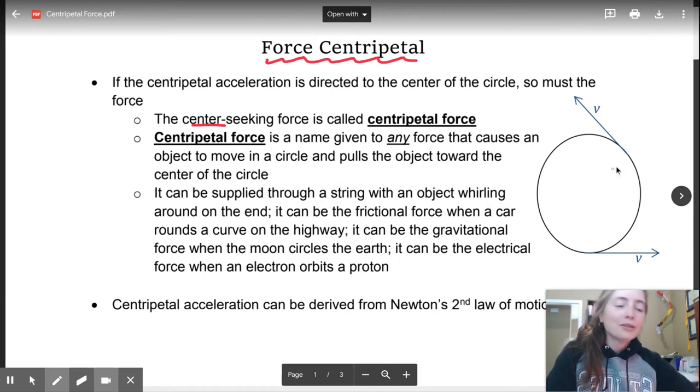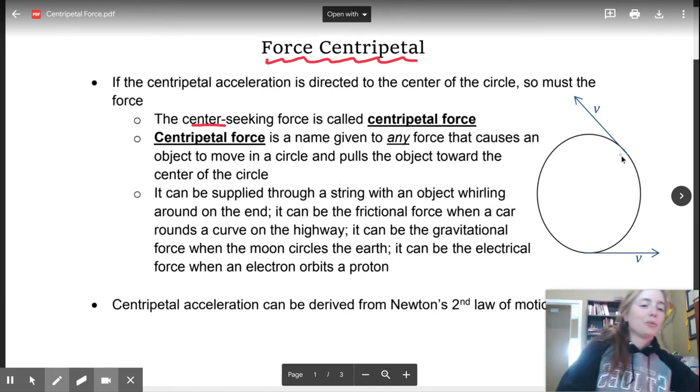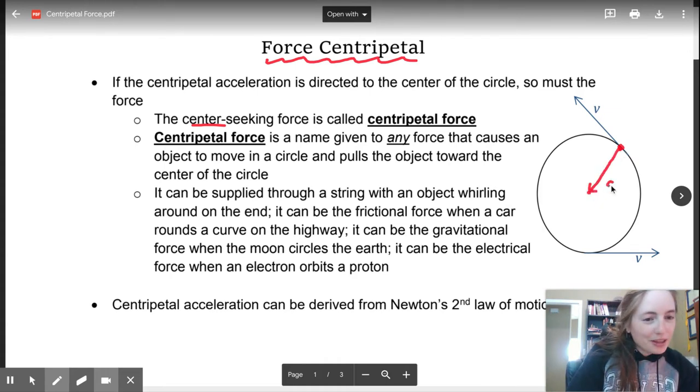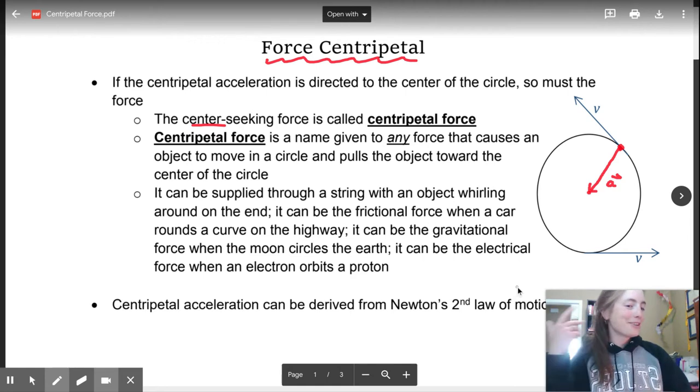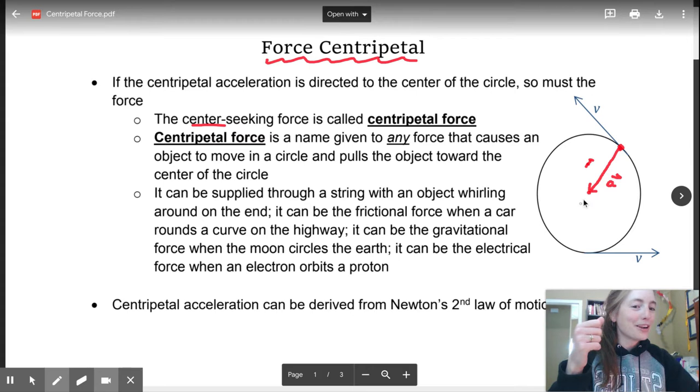Remember how we have our object moving in a circle. If the object is here, your velocity is your tangent line, right? Our acceleration, there's our center, is going to be that way. Now remember from our dynamics unit that the force and the acceleration are going to be going in the same direction.